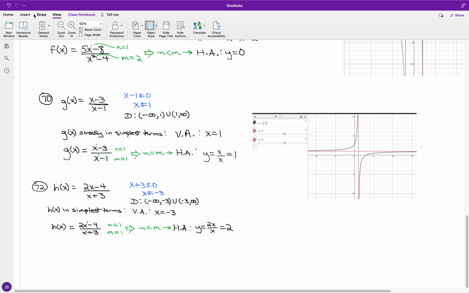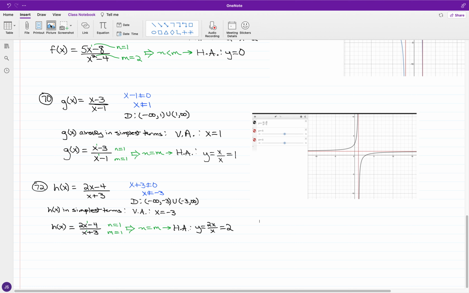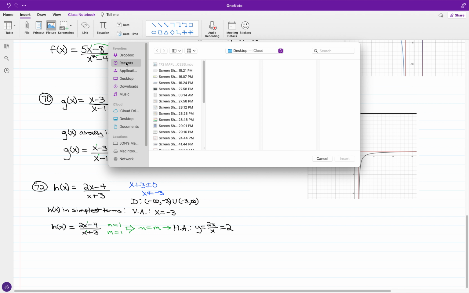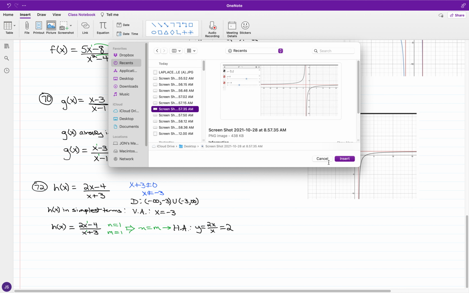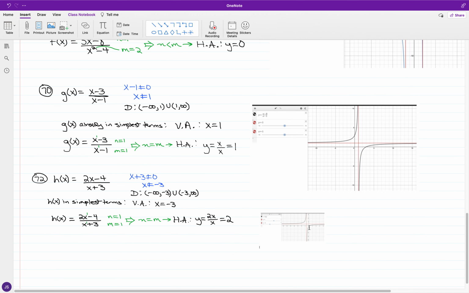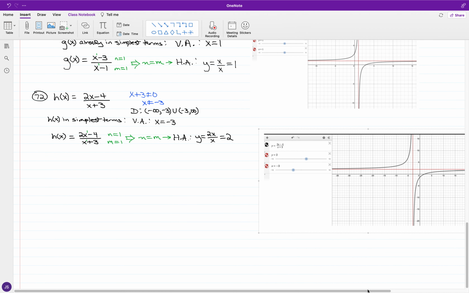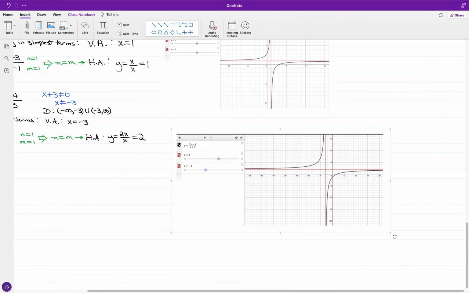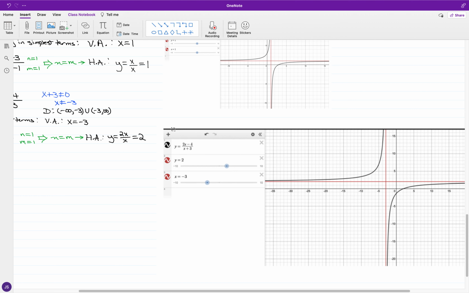And just looking at what we have here for this particular rational function, in the case of 2x minus 4 all over x plus 3.